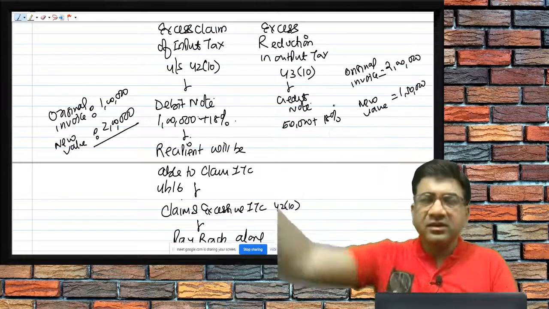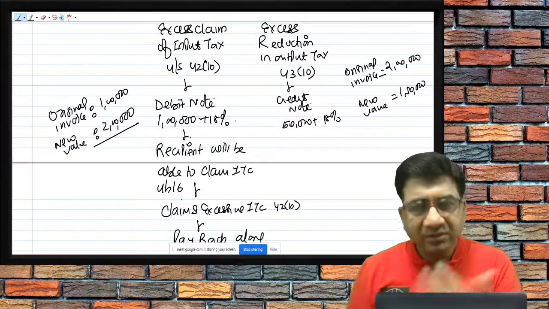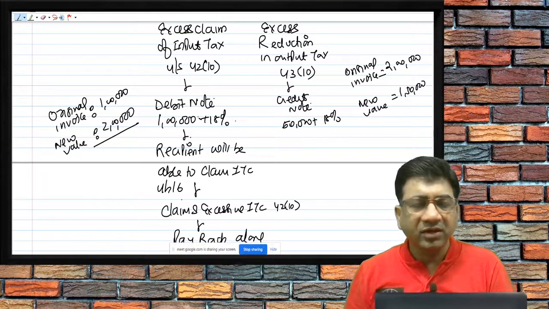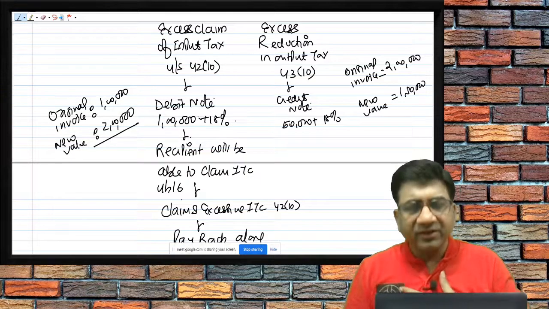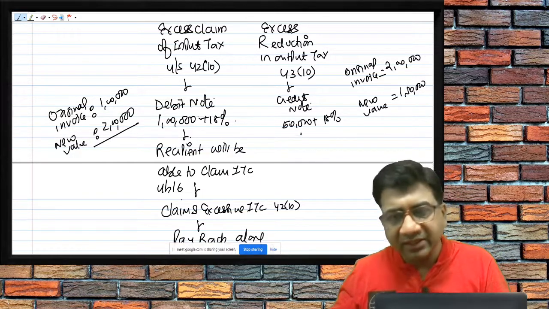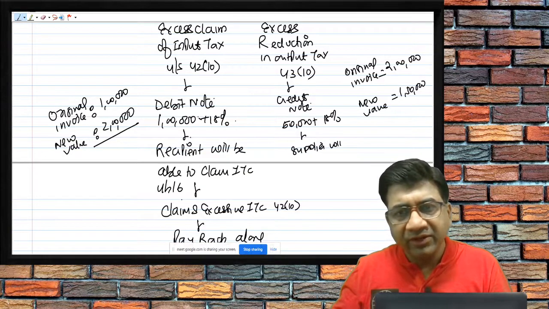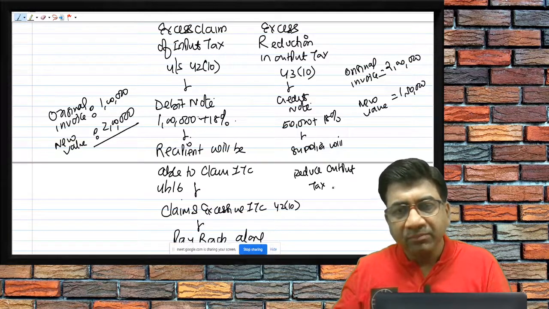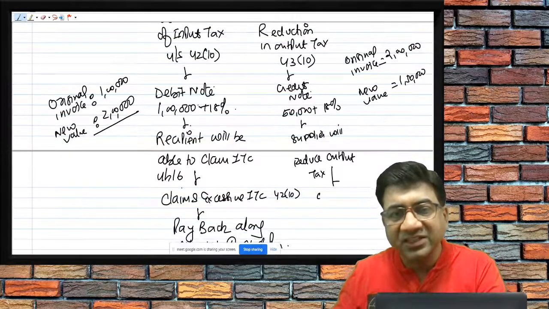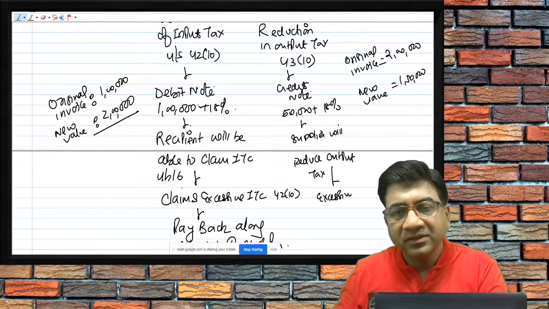I'll tell the recipient, please reverse your ITC, and I will reduce my output tax. Here the supplier will reduce output tax. But excessive reduction has taken place. Excessive reduction of output tax.